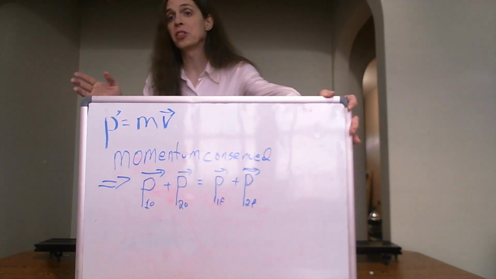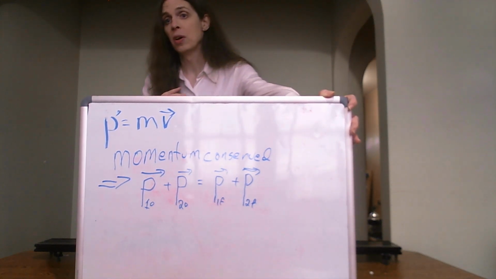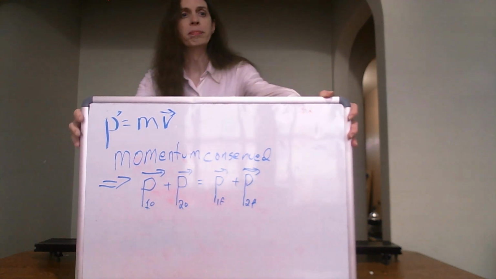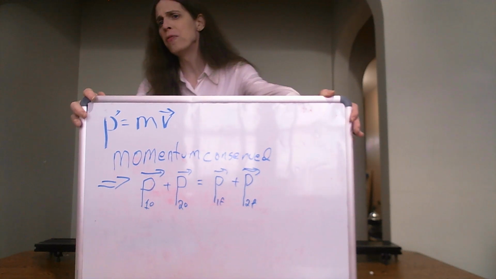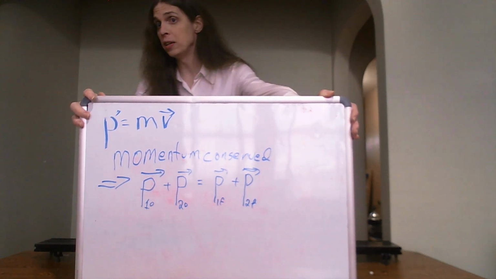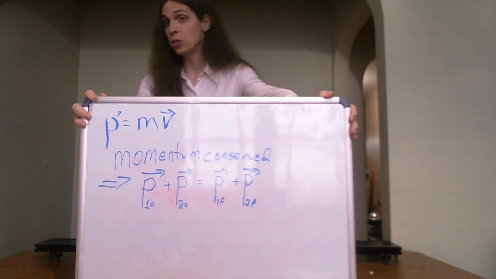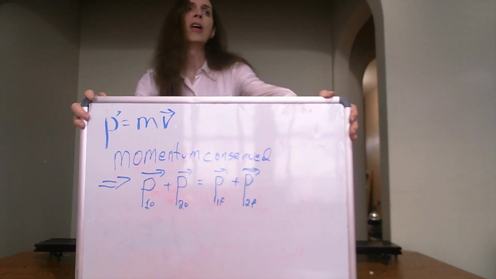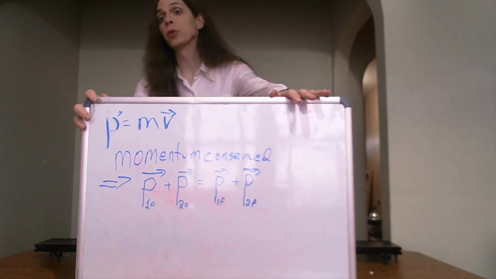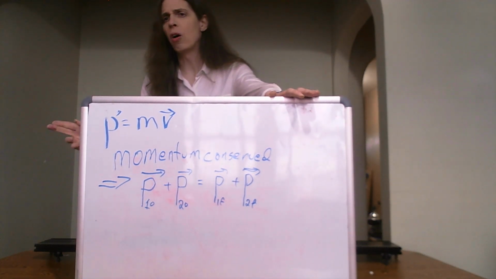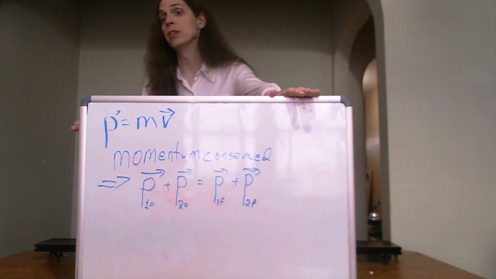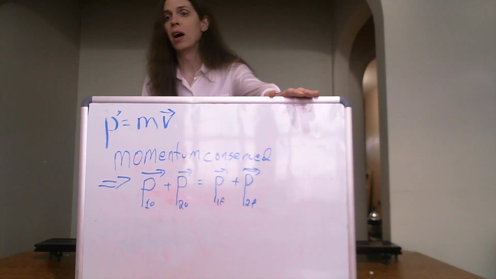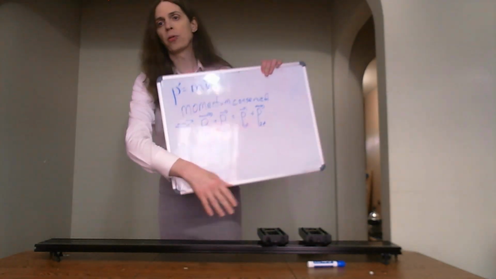So it can be passed from one thing to another, but you can't make more of it, you can't get rid of it. And the little arrows above mean that it's a vector quantity, which means direction matters too. And although in the examples we're going to show here, all of the momentum is going to be confined to one dimension, just back and forth on the track below.